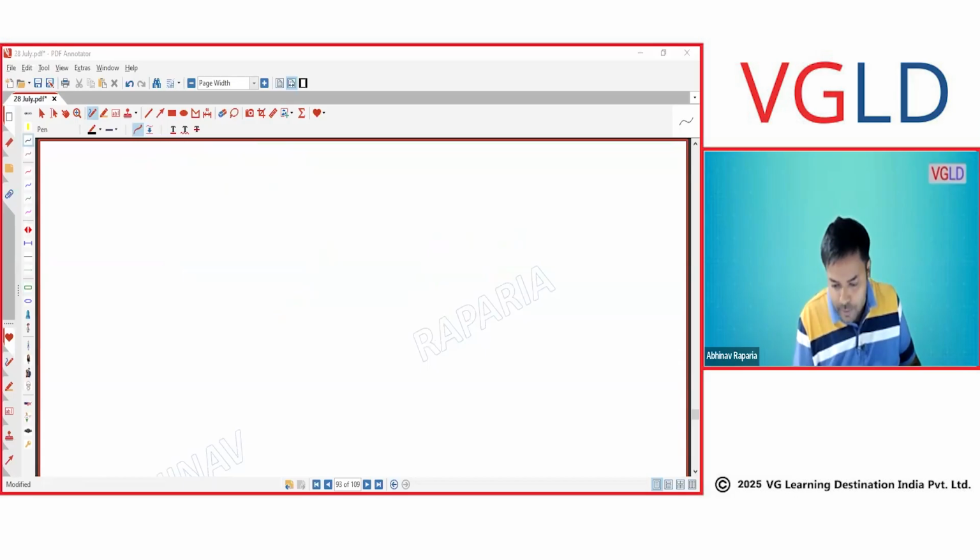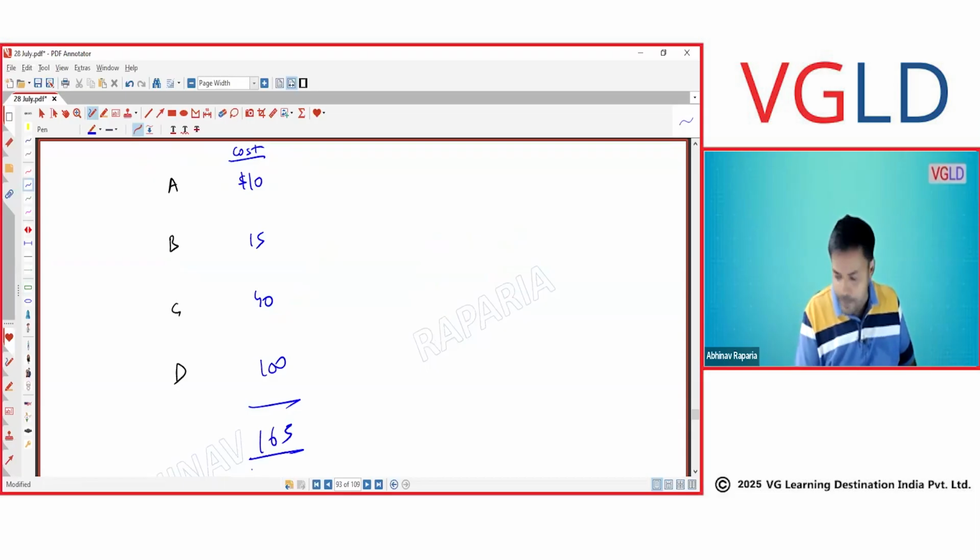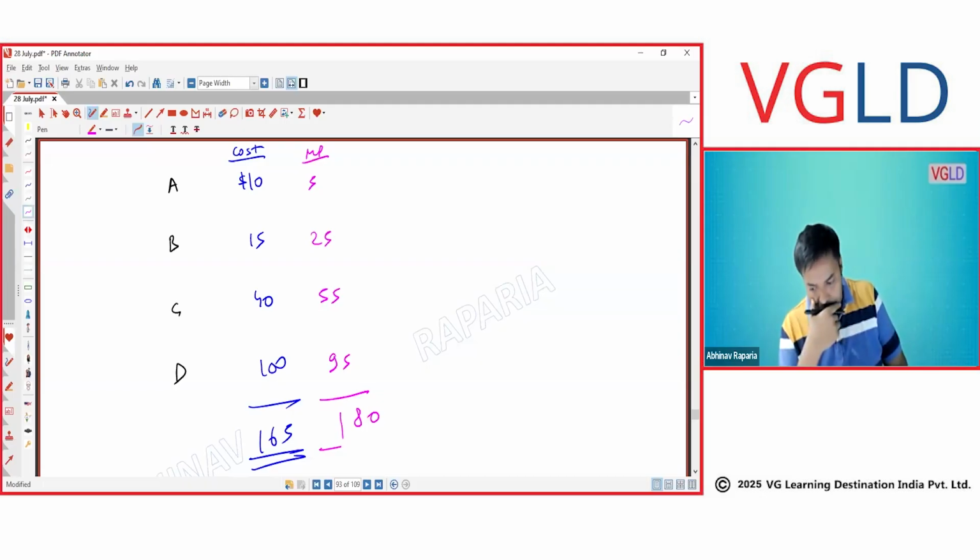Let's say we have various products A, B, C, D. The cost of these products is $10, $15, $40, $100. Then the market prices are $5, $25, $55, $95. Which one should we take? Give me the value.